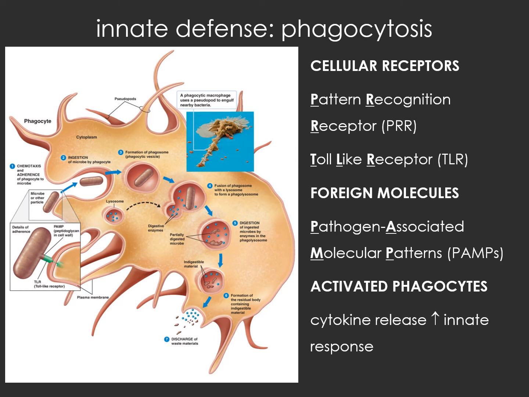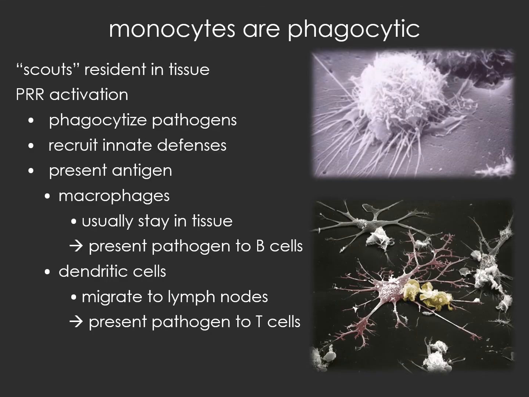But I mentioned that in addition to that, monocytes also communicate with the immune system. So these monocytes, which differentiate into macrophages and dendritic cells, function as scouts who reside in the tissue space, move through the cardiovascular system, and are constantly interacting with all of the parts of the body in order to see if anything's out of whack that needs to be communicated to the immune system, because the immune system cells stay in the lymph nodes.